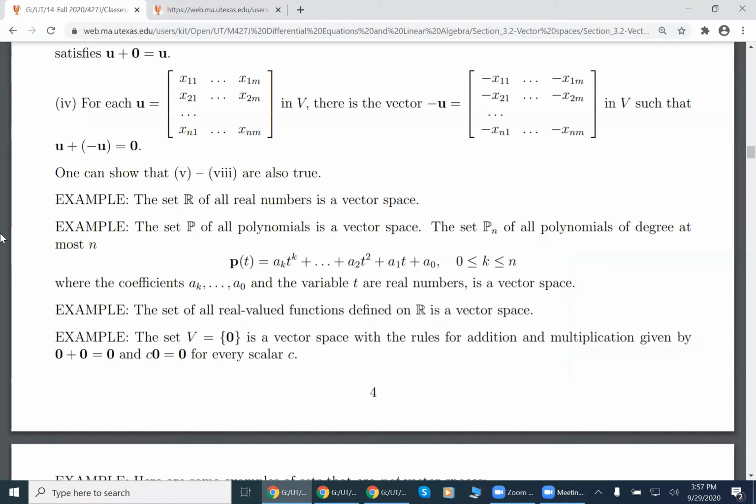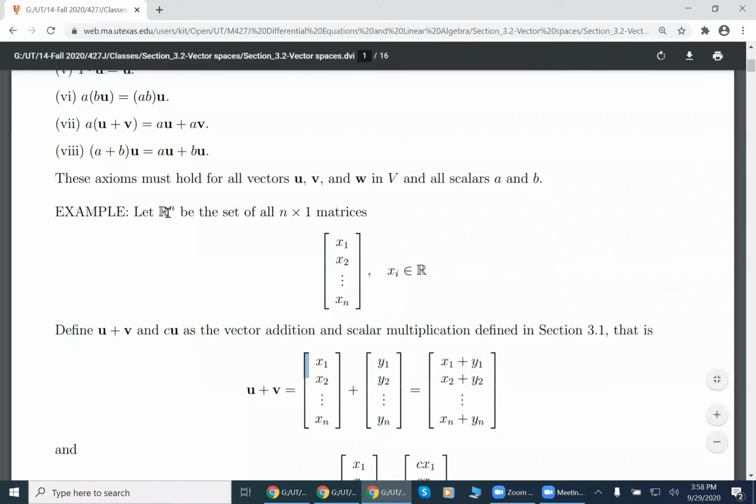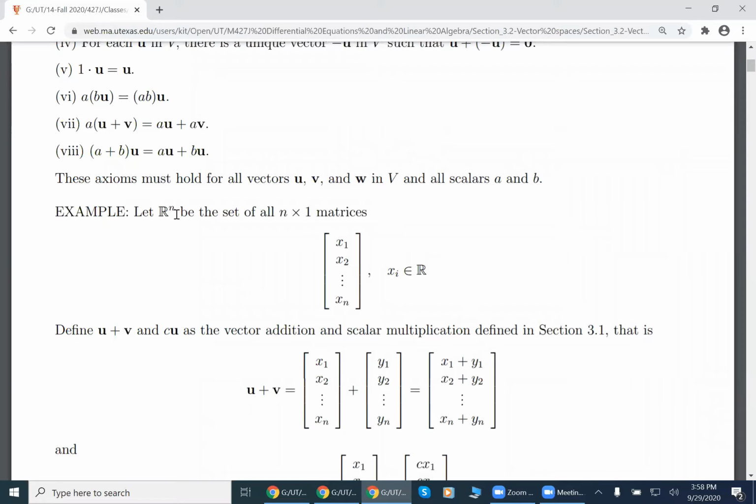Here's another important remark. As I said, P0 is a subset of P1. P1 is a subset of P2. P2 is a subset of P3, and so on. However, going back to Rn, R1 is not a subset of R2. R2 is not a subset of R3, and so on.